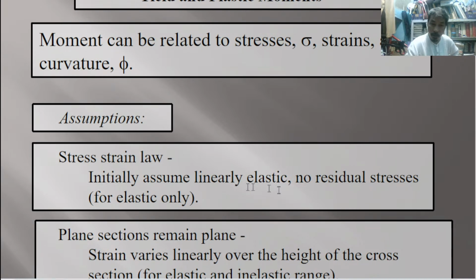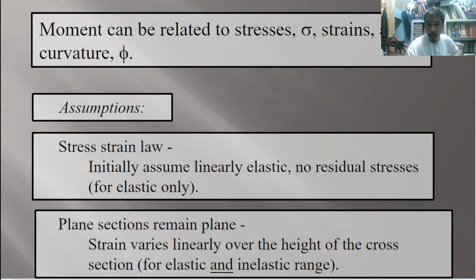Okay, when we are talking of elastic, so, ideal condition, straight line, then straight line. Straight, straight. Okay? Plane sections remain plane. Strain varies linearly over the height of the cross section for elastic and inelastic range. Okay?